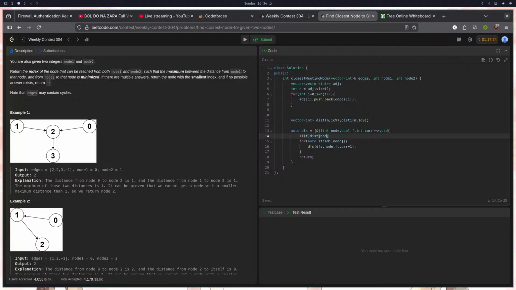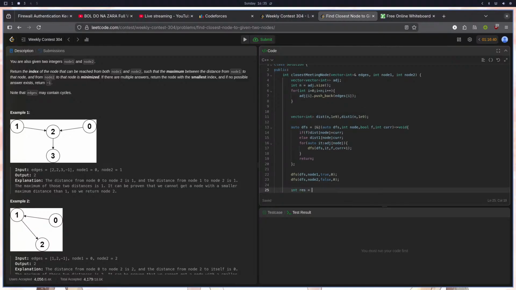If test of node equal to, test1 of node equal to, it will come. And nothing else is here. auto dfs, what is node, node1 f, true, comma 0, dfs, false, comma 0.